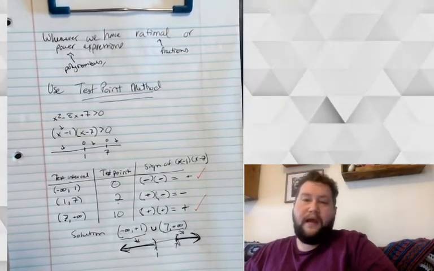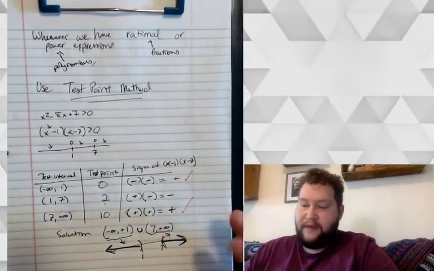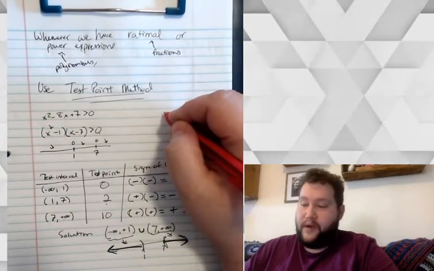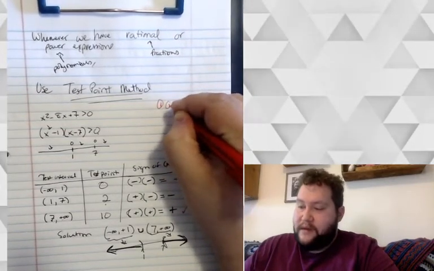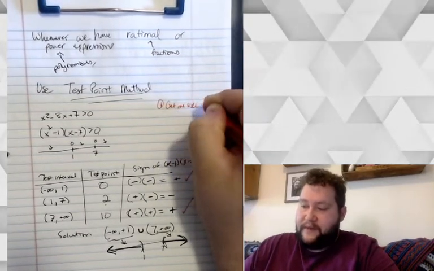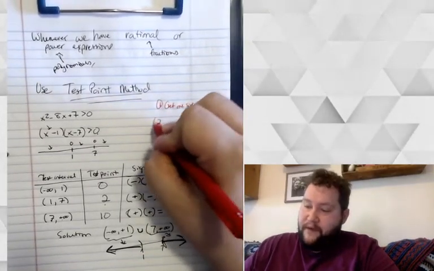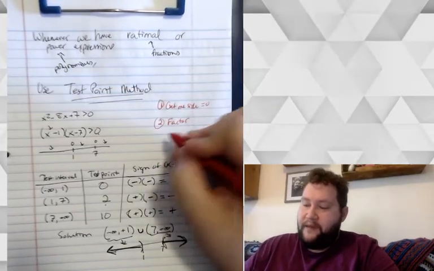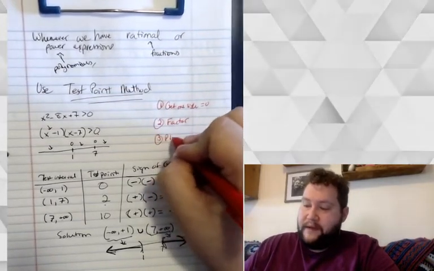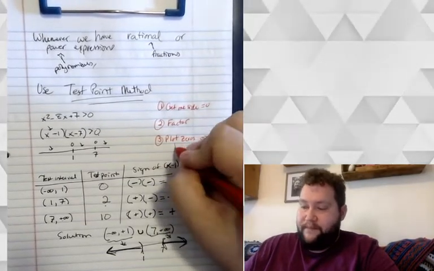And so let's go back and look at what we did. We already had it equal to 0, but if it isn't, we're going to want it. So first we get one side equal to 0. Then we factor. Then we plot zeros on the number line.